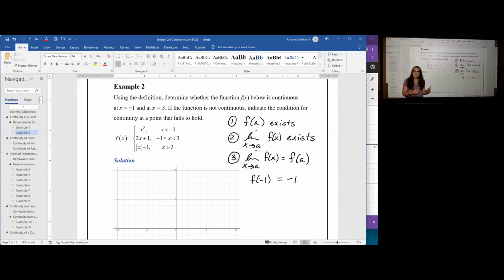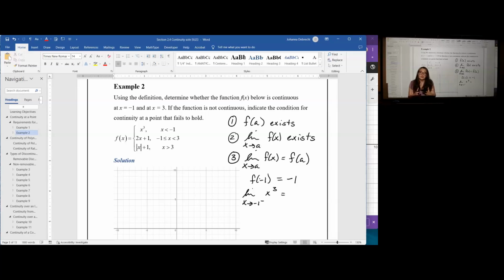What about the limit as I approach from the left and the right? Do they point to the same place? For a piecewise defined function, you need to take the piece on the left of that value and the piece on the right of that value and find the one-sided limits. So the limit as x approaches -1 from the left side applies to the rule x cubed.